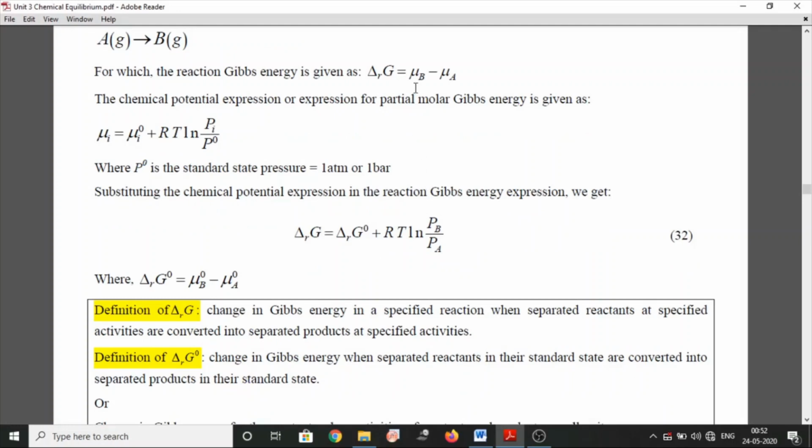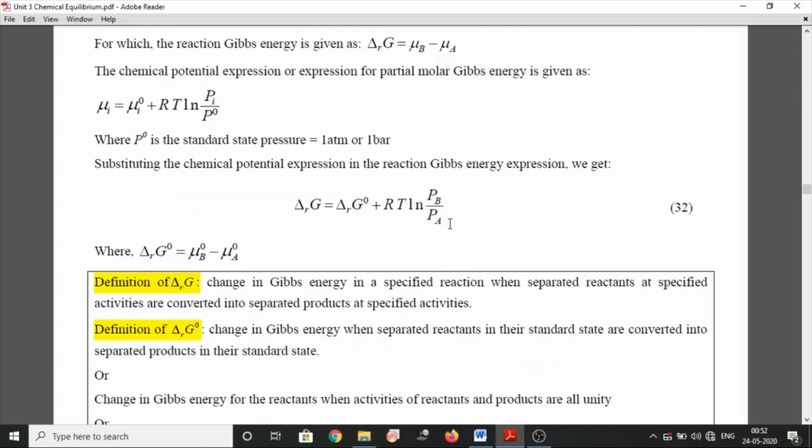If I substitute mu B and mu A using this expression, I get the change in free energy of reaction equal to delta R G0 plus RT ln PB by PA. These are the pressure of component B and the pressure of component A.